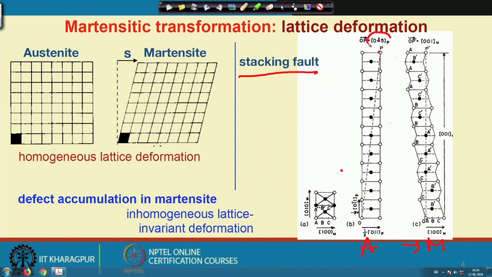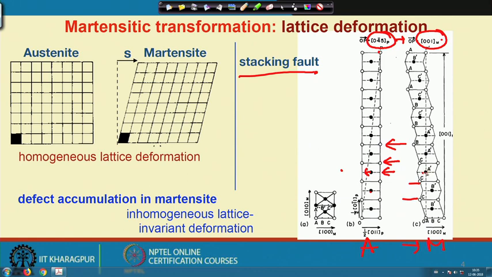This is the parent lattice of 0, 4, 5 and which transforms into basically 0, 0, 1 of martensite. M stands for the martensite here. And there is a small fault involved in these planes. You can have a look at how the faulted positions are there. So, here if you look at the OP, this comes into the OP here.